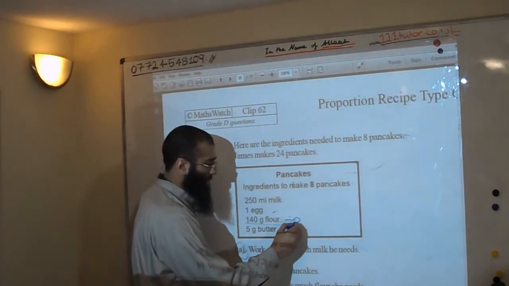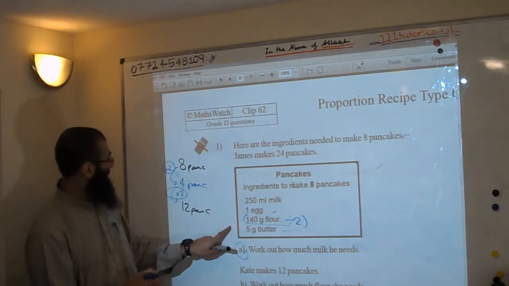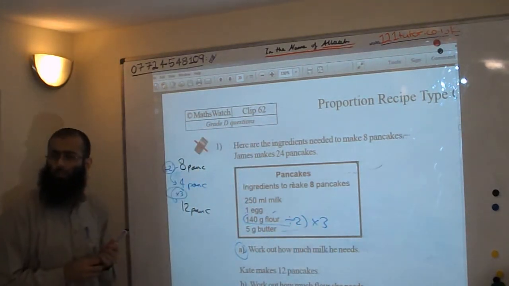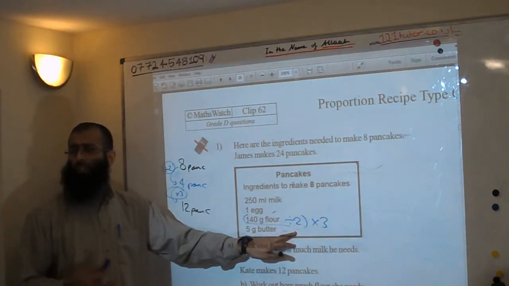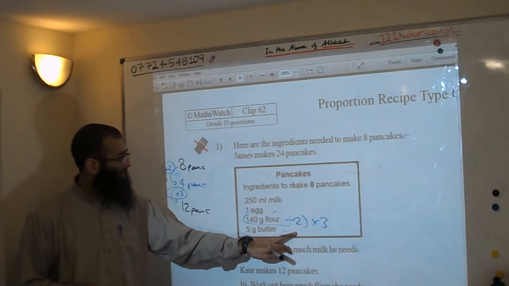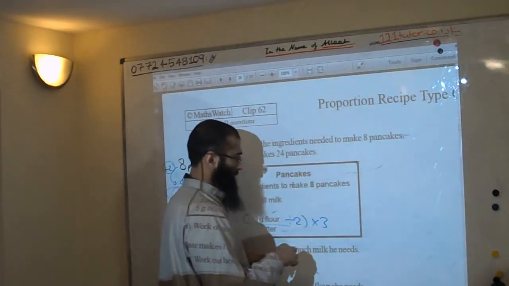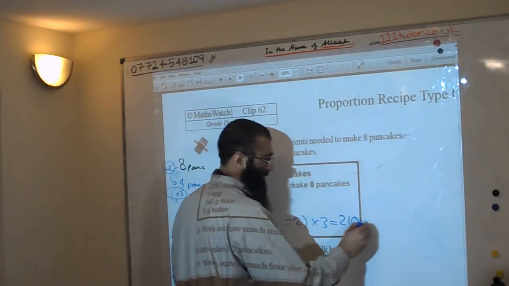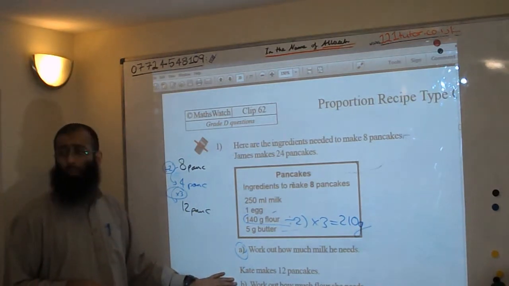So we're going to divide it by 2, and then we're going to times it by 3, in one nice calculation. So 140, if we halve it, that gives us 70. And 70, if we times it by 3, will give us an answer of, what will that give us? 210 grams. That's question B done.